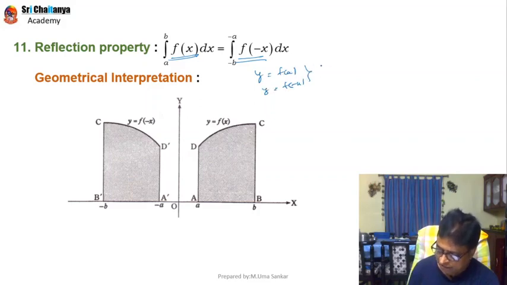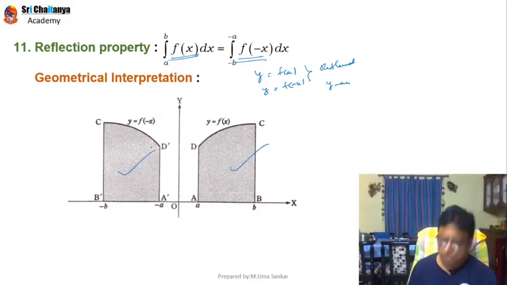These two are reflections of one another with respect to the y axis. See, if this is my f of x and this is my f of minus x, the area bounded by the curve y equal to f of x is nothing but the area bounded by the curve y equal to f of minus x between minus b to minus a.